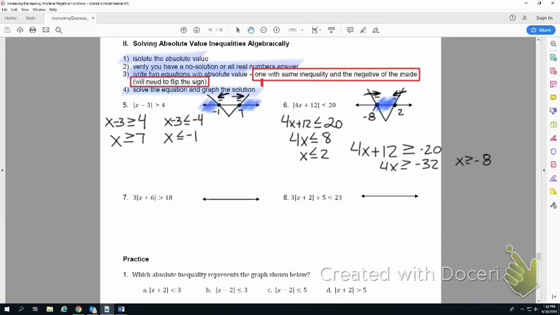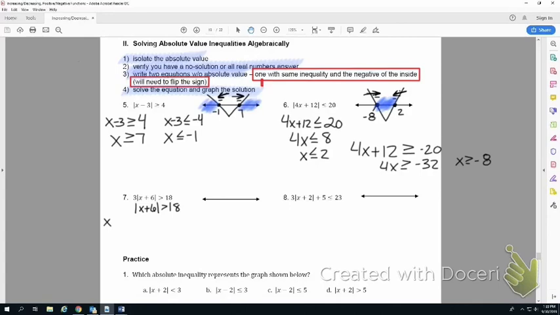Looking at number 7, Keenan, what's the first thing I need to do? It's a fraction. Okay, first thing you're going to do is divide by 3. So you got the absolute value of x plus 6 is greater than 18.